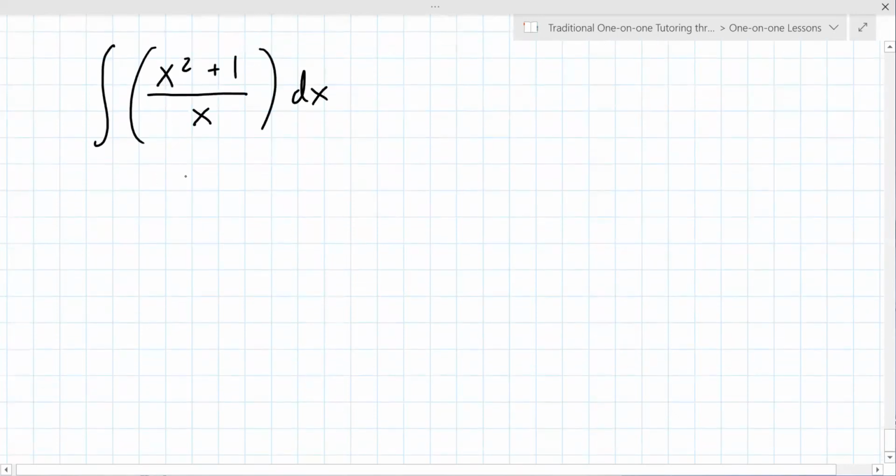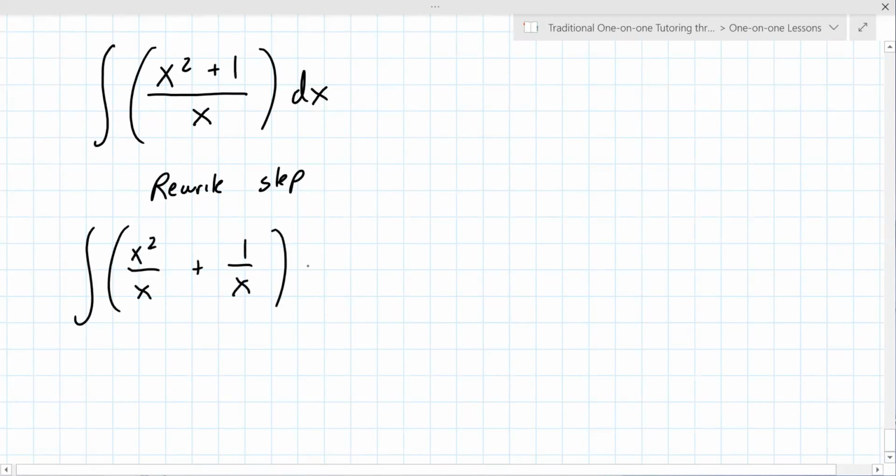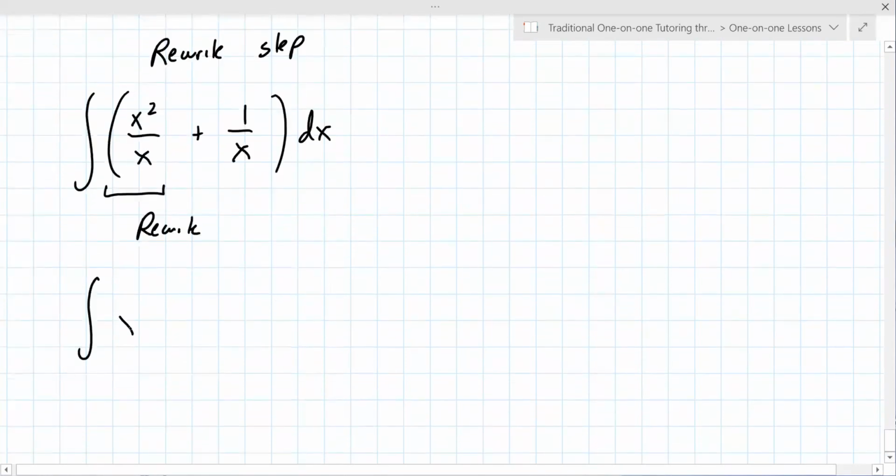Okay, so we first need to rewrite this. So this becomes x squared over x plus 1 over x. You have to divide both of these by x. This one here simplifies. We have to do yet another rewrite. It simplifies to x plus 1 over x.